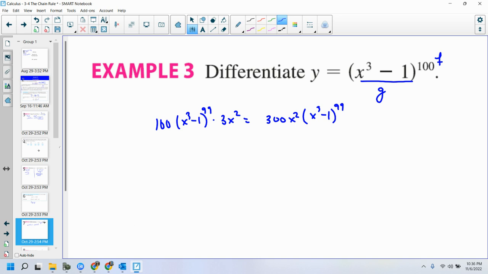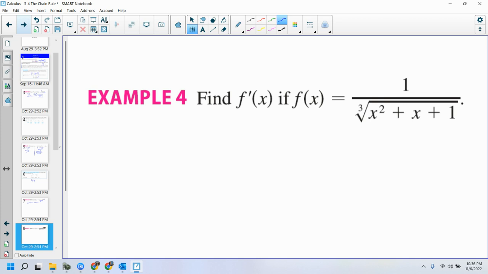All right, let's take a look at the next one. Okay, so let's manipulate it down before we identify our f and our g. What do I mean by that? I mean that this is really x squared plus x plus 1. It was in the denominator, so it's negative, and it's a cube root, so it's 1/3. That's our function.